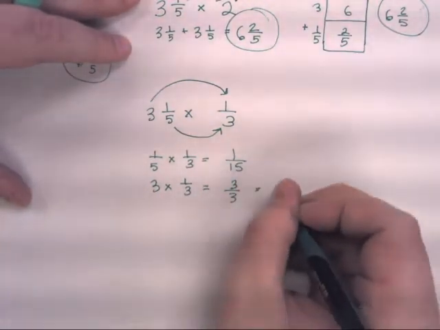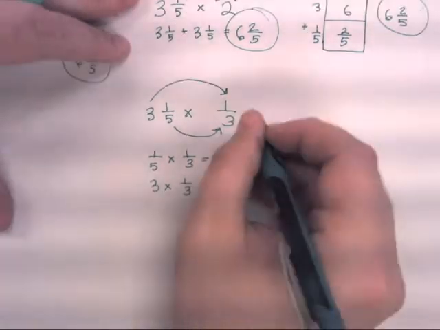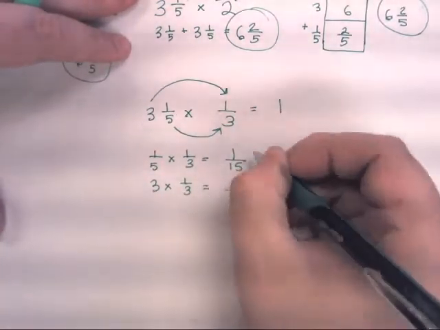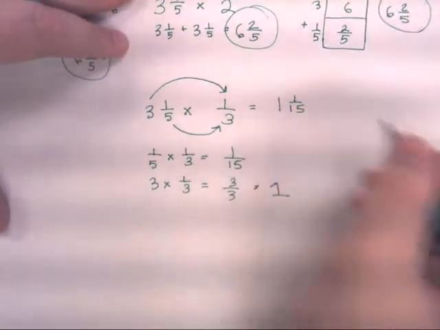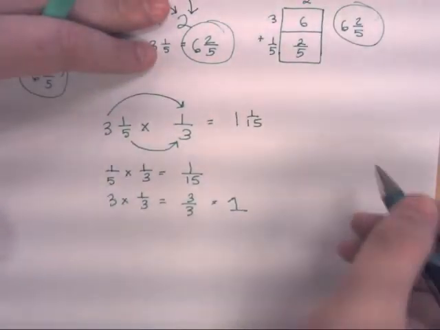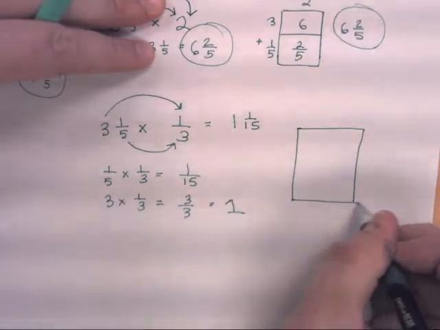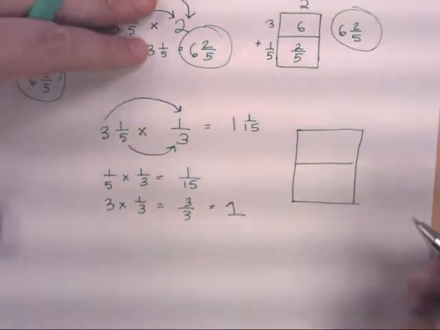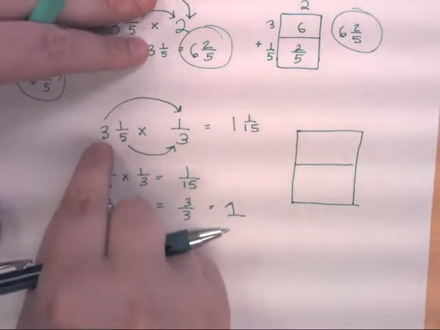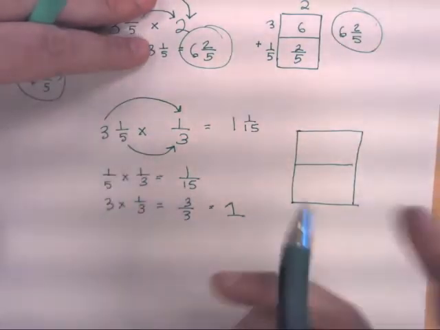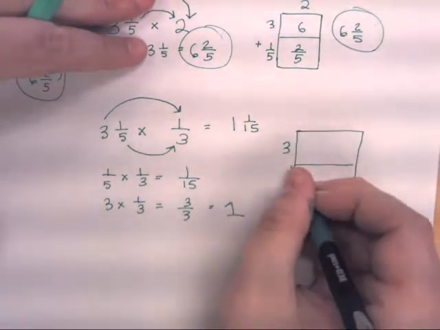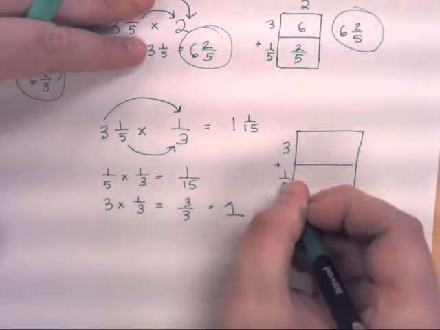We know 3/3 is 1 whole. Add your two partial products. 1 plus 1/15 is 1 and 1/15. You could also use an area model or an array model, depending on how you like to name them, by first breaking up the factor of 3 and 1/5 into 3 plus 1/5.